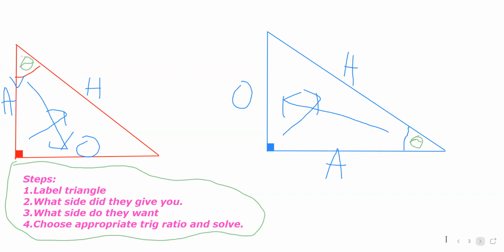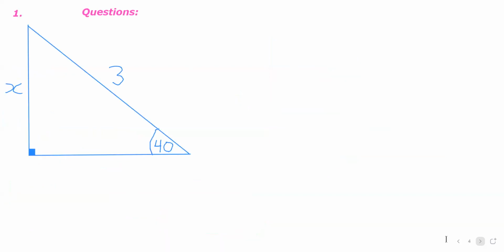So here are some steps before you get into the questions. Step one, label the triangle. Step two, what side do they give you, and what side do they want? Once you do those, you'll be able to pick the correct ratio and solve. That's simple. So let's answer some questions. For this one here, step one, label.